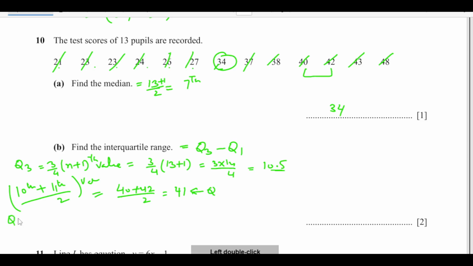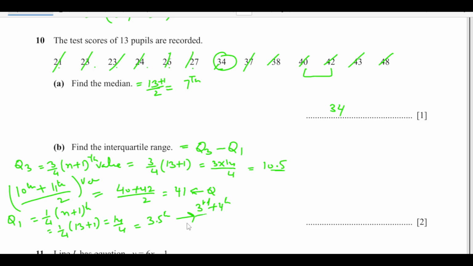Now we are looking for Q1. Q1 is 1/4 of n plus 1th value, right? 1/4 of 13 plus 1, which is 14 over 4, that is 7 over 2, which is 3.5. Again, we take the third value plus the fourth value over 2. The third value is 1, 2, 3, 23 and 24.